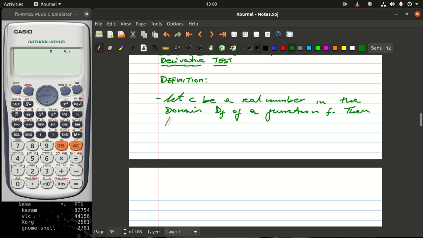Then I will say f of C is called, okay, let me use red here. So here we actually will start with something that is called the absolute maximum, or a global maximum.